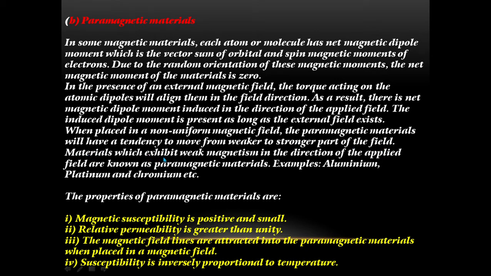Materials which exhibit weak magnetism in the direction of the applied field are known as paramagnetic materials. Important point, please note it down.